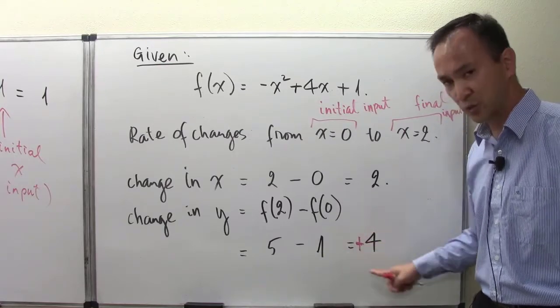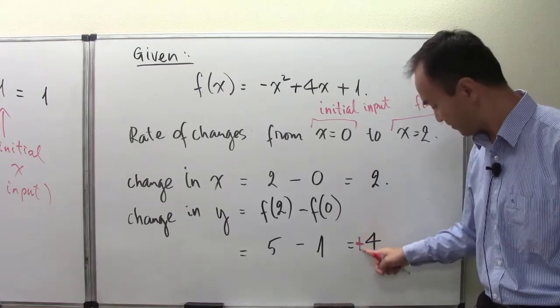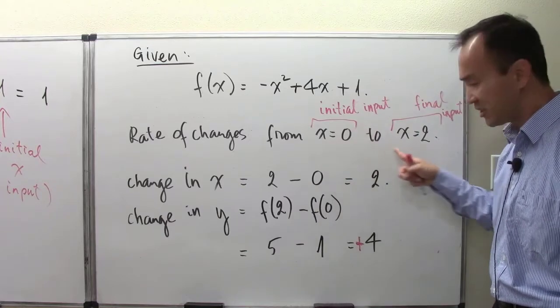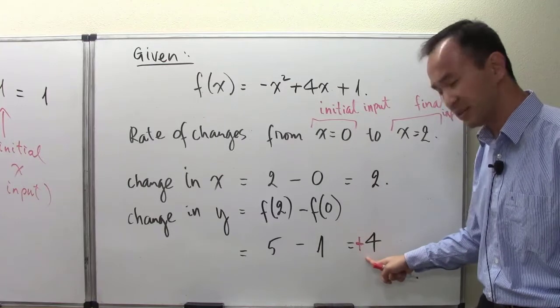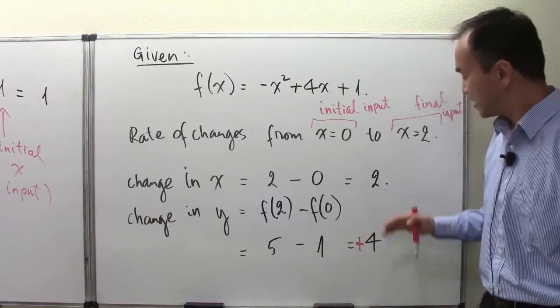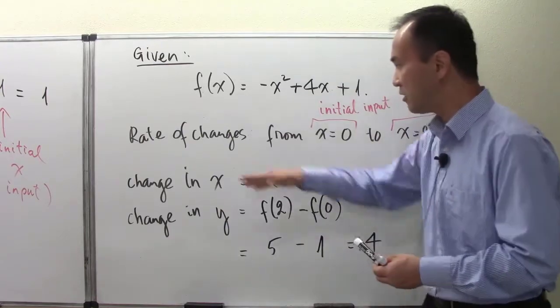Right now, since we're quite at the beginning, all I see is an observation: in the change from x equals 0 to x equals 2 right here, we had a change in y value of positive 4.